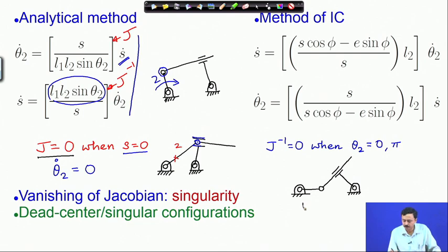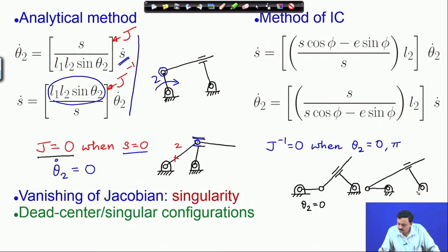Here theta 2 equal to 0 and theta 2 equal to pi radian gives us this configuration.